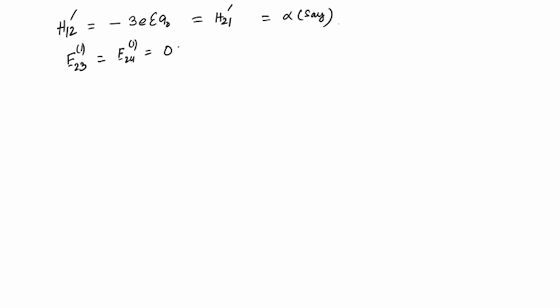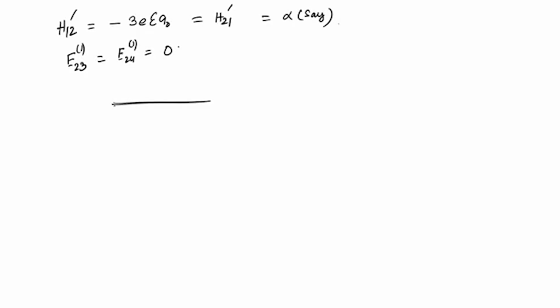That means of this fourfold degenerate level, two of them continue to be degenerate even in the presence of this perturbation term, and for the other two the degeneracy is removed.